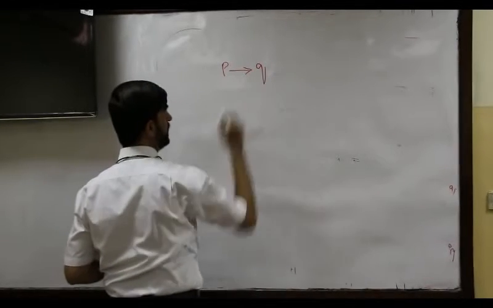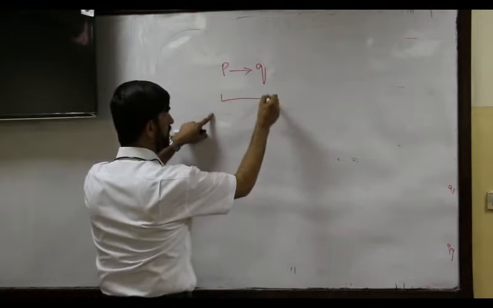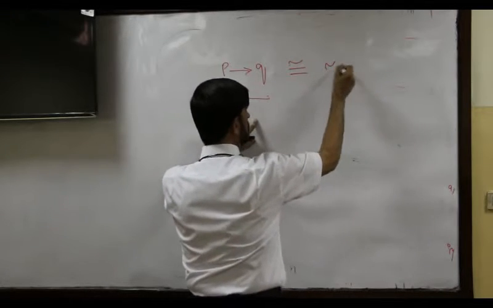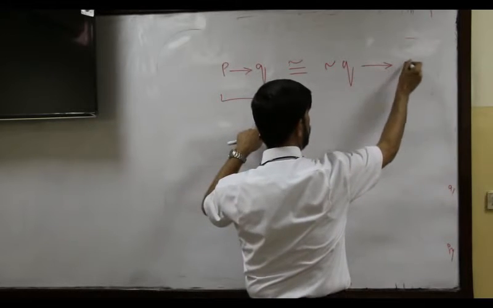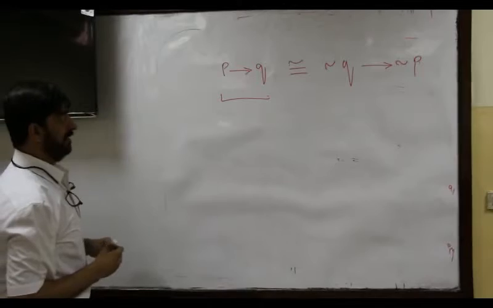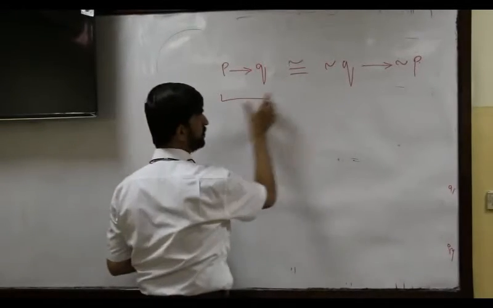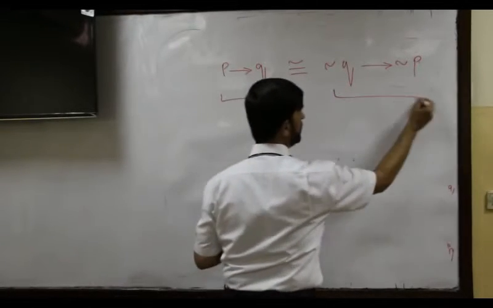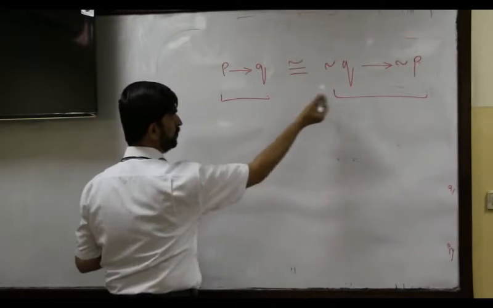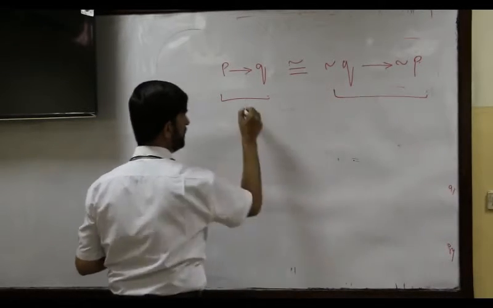Compound proposition A is equivalent to compound proposition B. How will you show that these two compound propositions are equivalent?